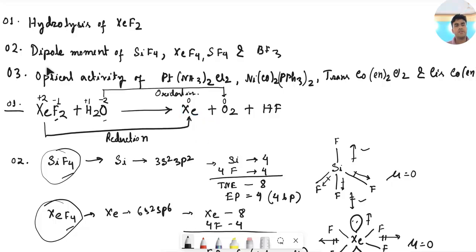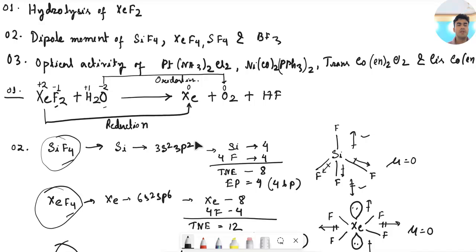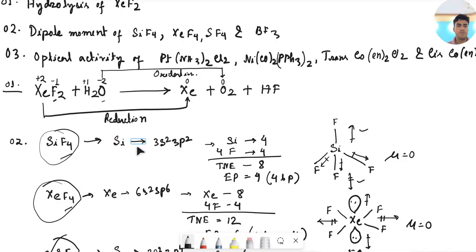Next, the dipole moment of SiF4, XeF4, SF4 and BF3. The dipole moment comes due to the difference of electronegativity between two bonded atoms. We have to see the structural alignment of different bonds to get the final dipole moment of any molecule.